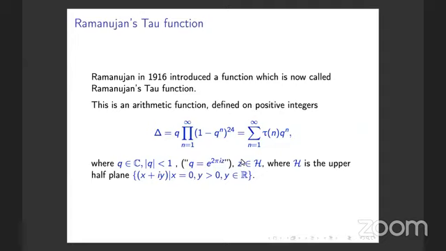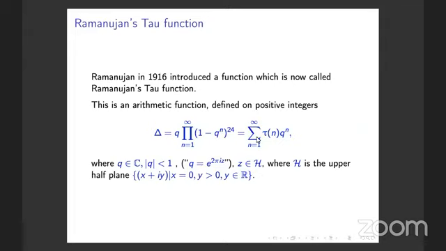In the upper half plane you take z, and then you look at e to the power 2 pi i z, which is usually written q for short. Then you take this crazy looking infinite product, q times the product of 1 minus q to the power n, raised to the power 24. You should write this as delta of z, where z is in the upper half plane. So it's a function on the upper half plane, and it has this expression as an infinite product.